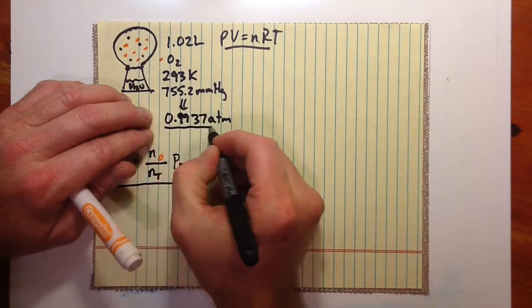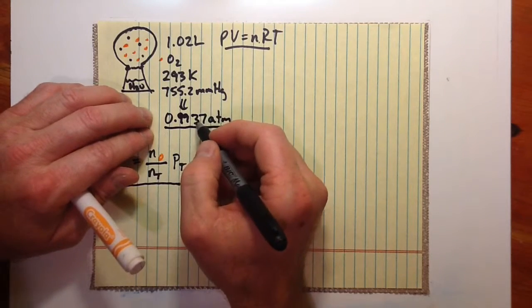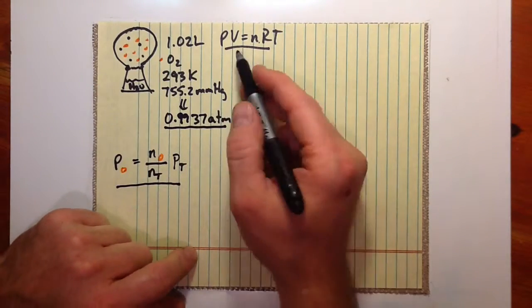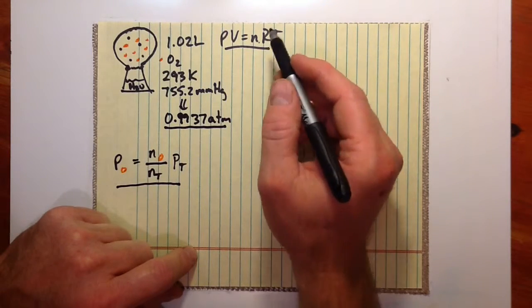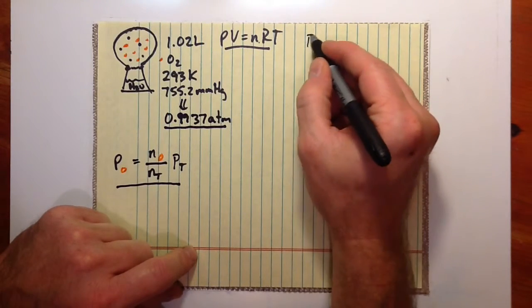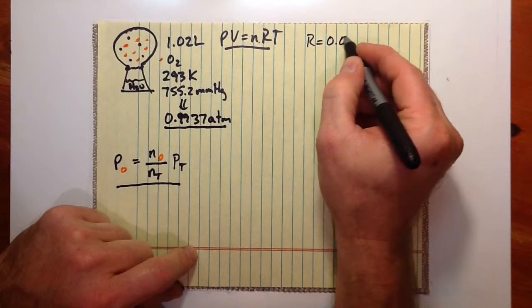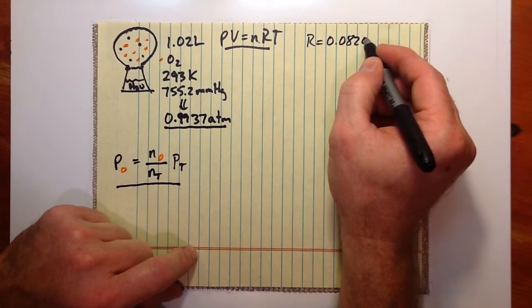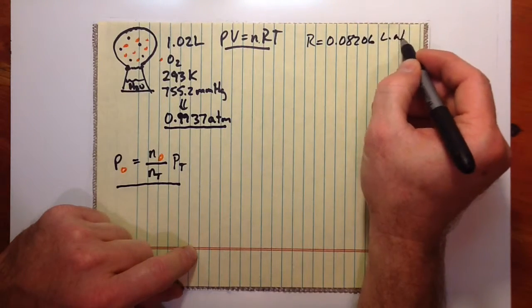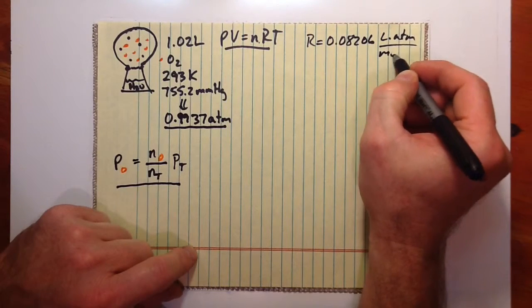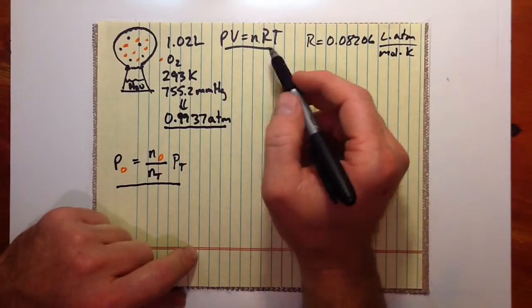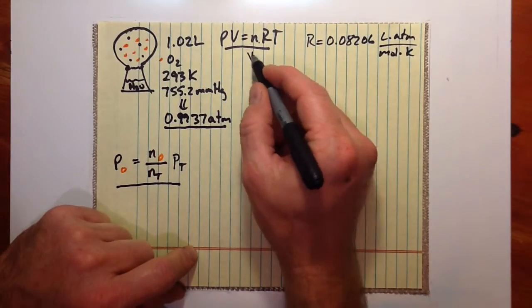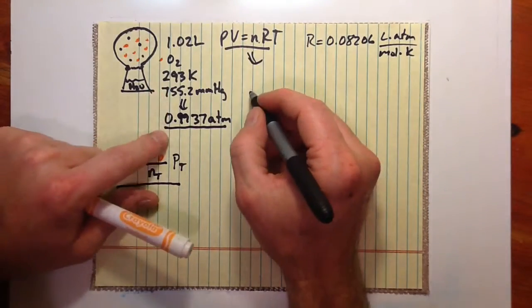So we just converted that millimeters of mercury to atmospheres so that we can use PV equals nRT, or pressure times volume equals n times constant R times T, R being equal to 0.08206 liter atmospheres over mole Kelvin. Remember, we need to use these units within the other variables. So let's put this together.